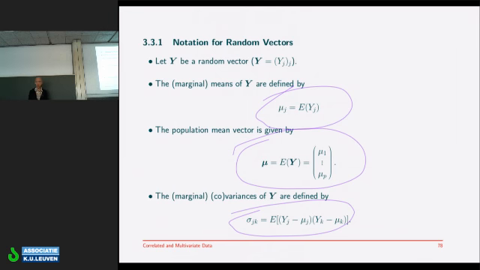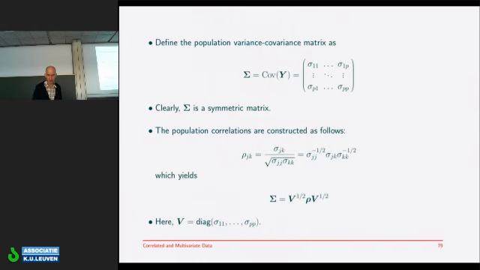The s jk's have expectations, namely sigma jk, and that's what they are. So the Greek letters are the population versions of the Roman letters that we used before. The S matrix becomes the sigma matrix at the population level. And of course, just like S, sigma is symmetric and should be positive definite.